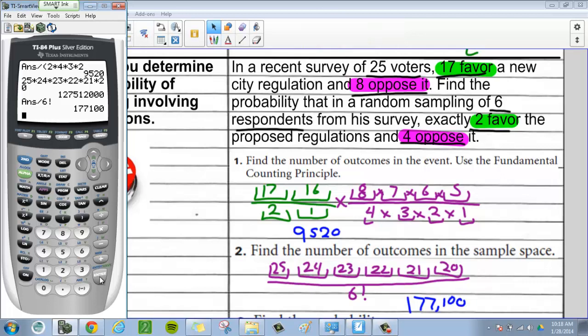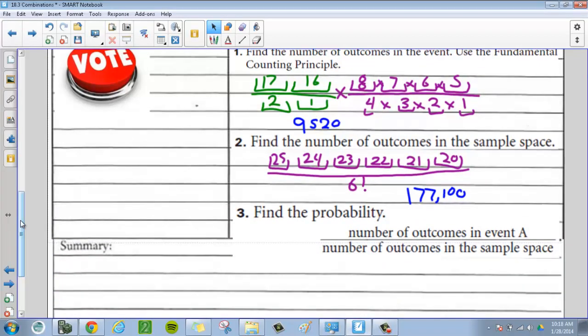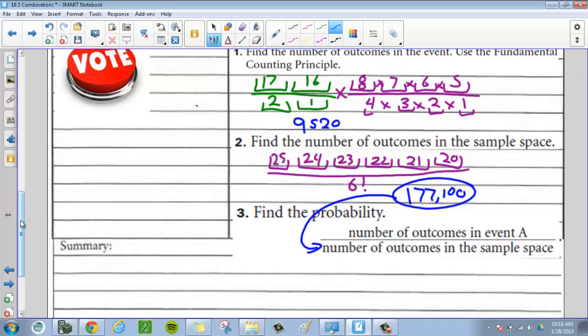Okay? So now, to find the probability, remember, probability is just how many ways an event can happen divided by the total number of ways in a sample space. So we have the total number of ways in a sample space, that's right here. And we have the number of ways an event can happen, that's right here. So really what we need to do is just divide these two. We just need to take 9,520 divided by 177,100.